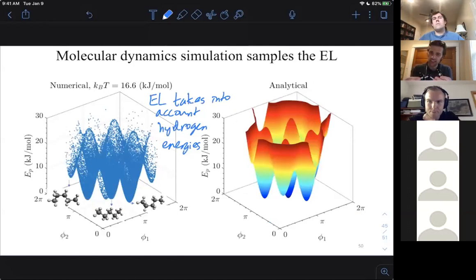Then I looked at one that did. Both of those energy landscapes were still ignoring the effects of the hydrogens, okay? So the hydrogens don't play a large role on the energy, but they play some role. And so we want to add in more and more layers of complexity to the energy landscape. As you do that, you no longer have the smooth function defined everywhere. You only have the function defined at discrete samples.